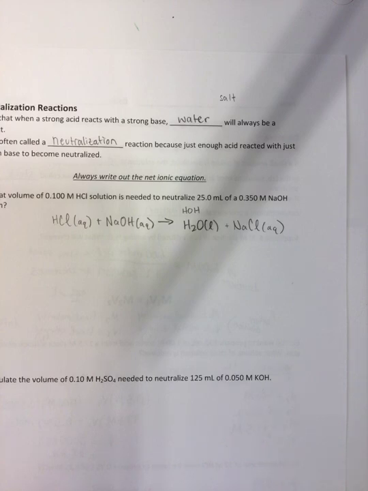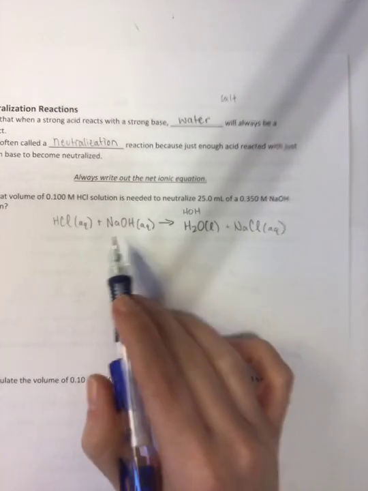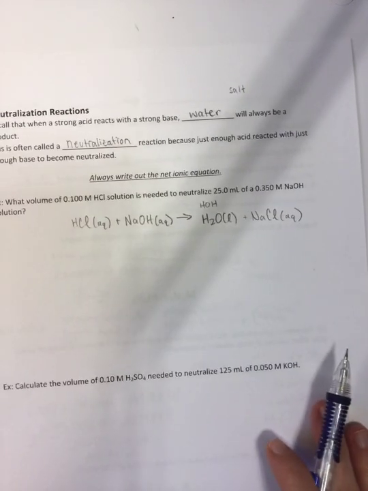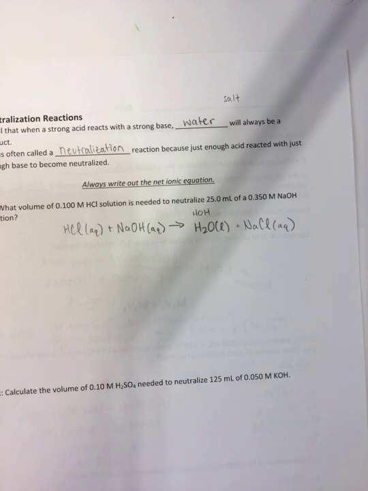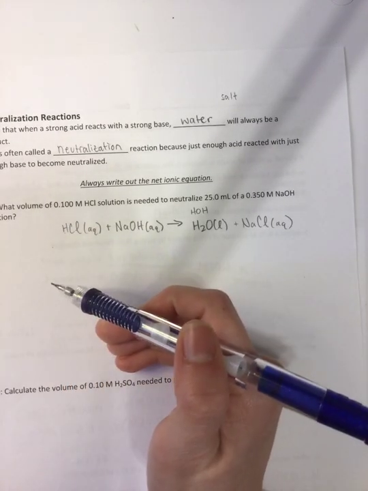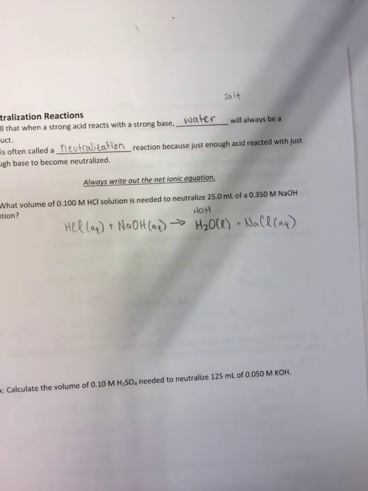But if you'll remember, not all of these things are a part of the net ionic equation. Back in the day, we had to write 3 different ones: the MIE, the CIE, and the NIE, okay? I can go ahead and write out the CIE.